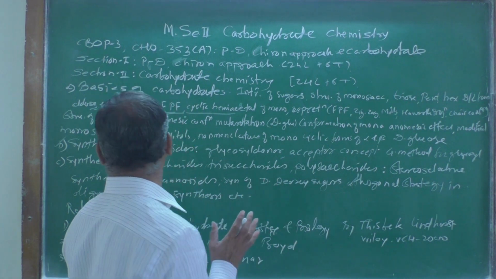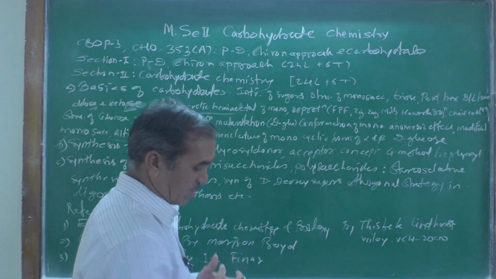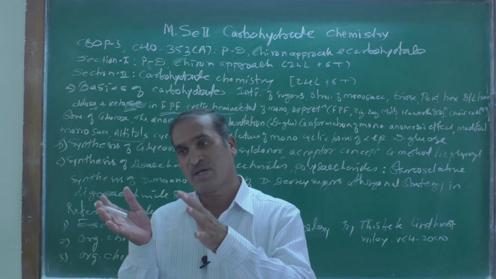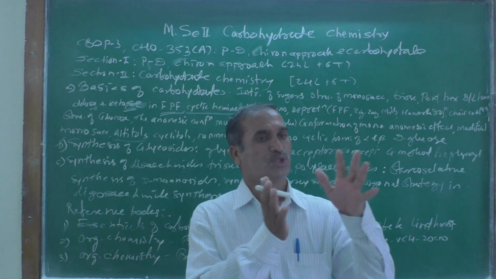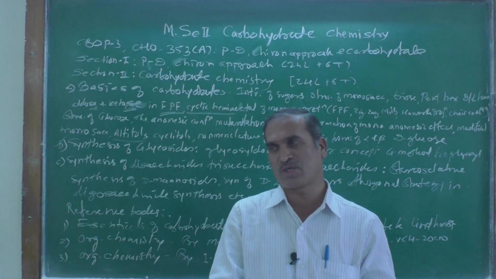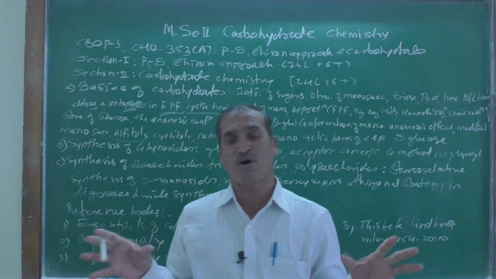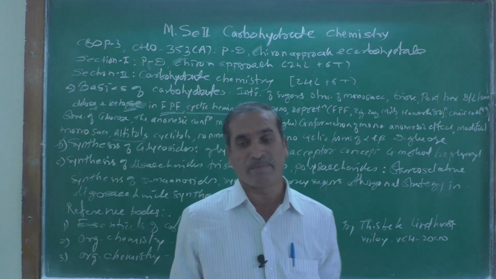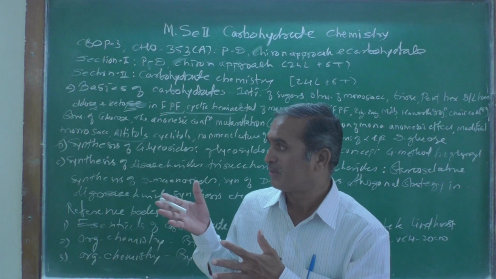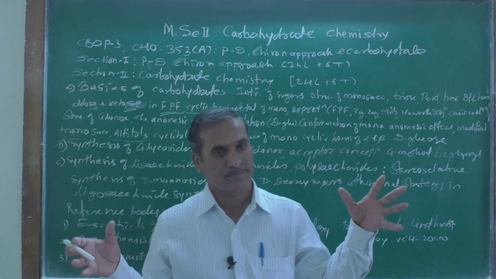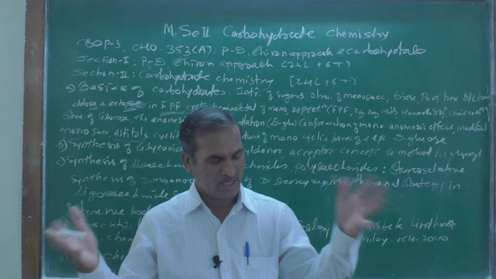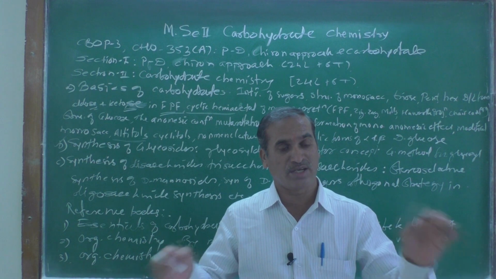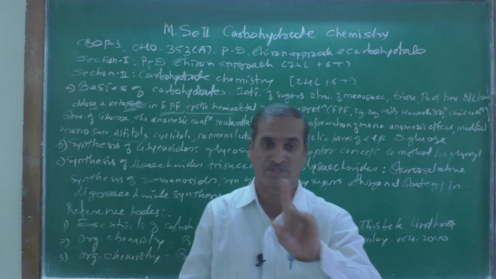As in peptide synthesis, we have seen during protection and deprotection how the peptide bonds are formed, and those peptide bonds are amide bonds. There are near about 20 different amino acids, and they are chiral in nature except glycine first.